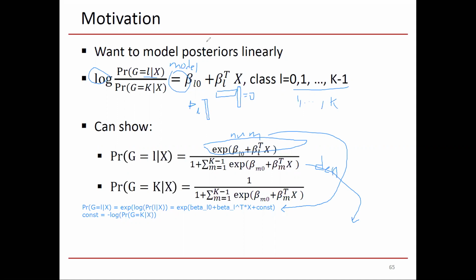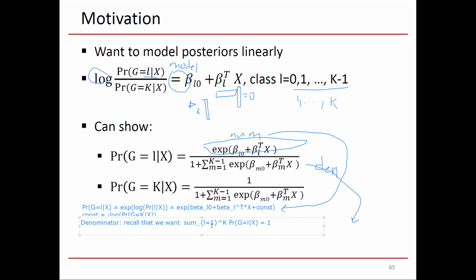So I'm now going to open a new text box. And for the denominator, recall that we want all the probabilities to sum to 1. We want a sum over all the L's going from 1 through K, probability of G equals L conditioned on X, to be equal to 1.